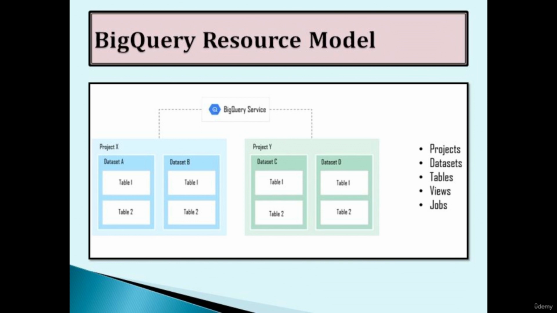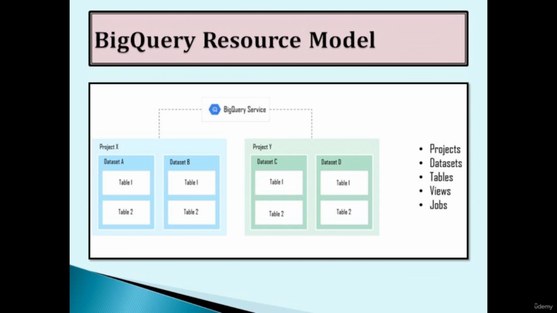So, the first one is projects. Projects are root namespaces for objects which contain multiple datasets, job access control lists, and IAM roles. It also controls billing, users, and user privileges. Second is datasets, which is a collection of related tables or views together with labels and descriptions.